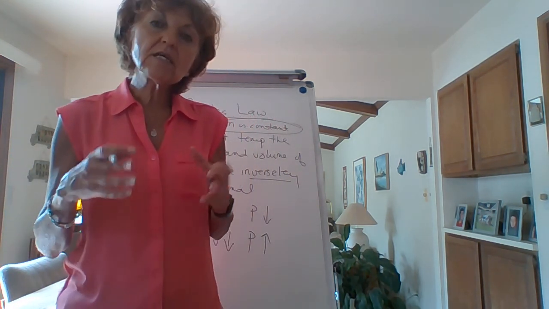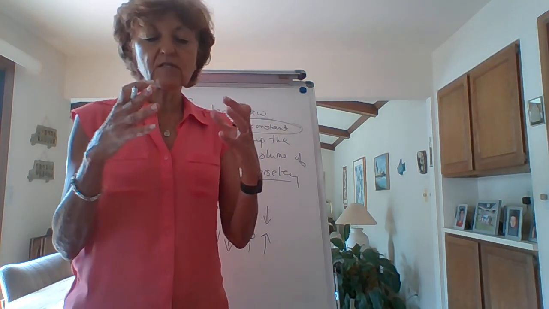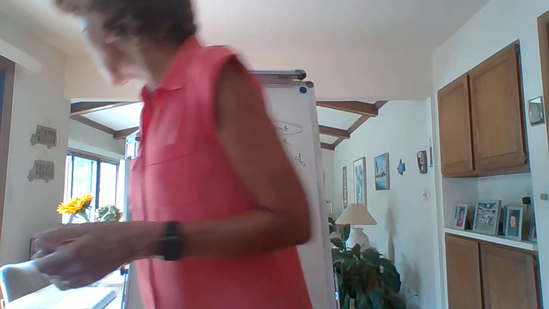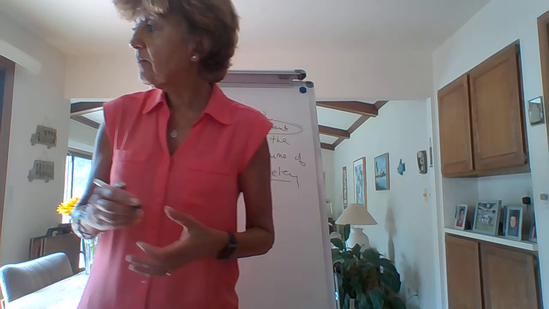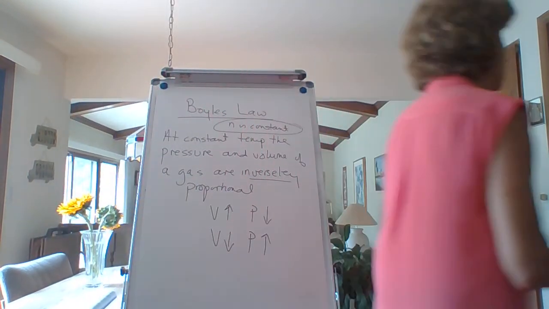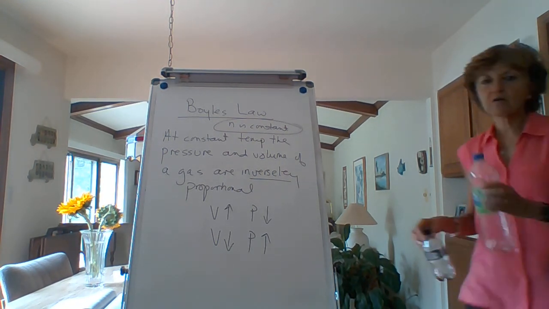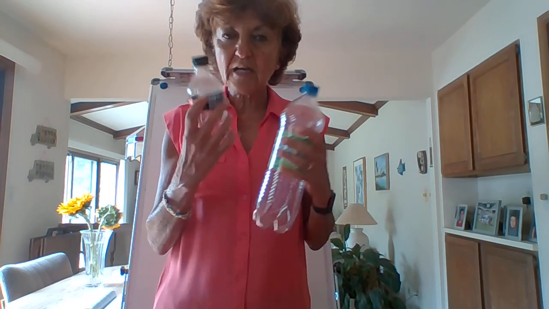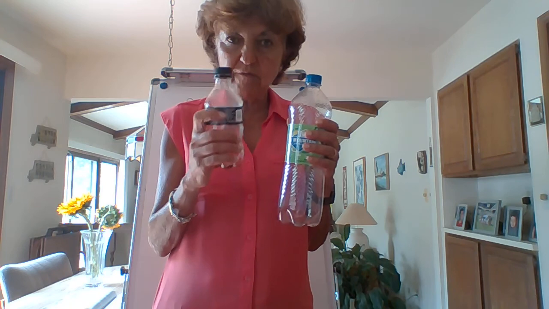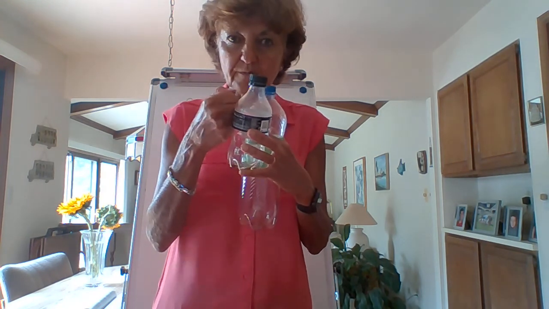But what you're going to see is that if you take a sample of gas and it was, let's say, in a bottle, I wish I had some bottles here to show you, but hold on 1 second. Okay, so I got these 2 bottles here. Let's pretend I have a sample of gas in here, and this is a really small volume, and the gas particles are hitting the side of the bottle, okay?